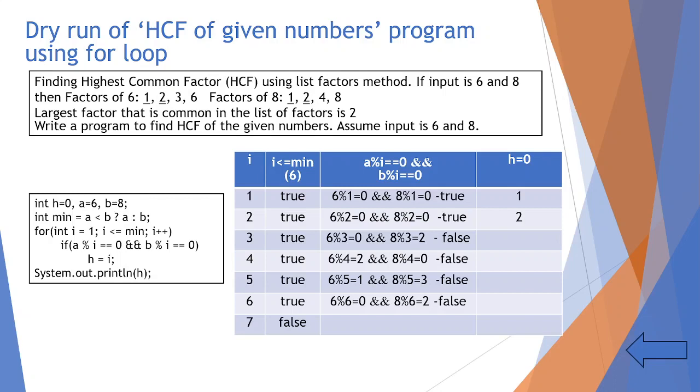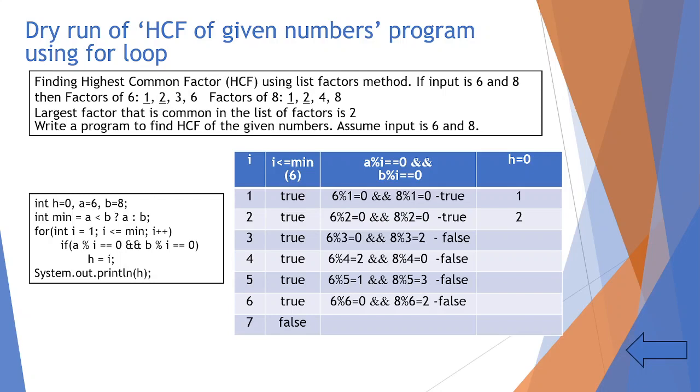Now I am running the loop from 1 to min, in this case 1 to 6, I plus plus. Inside this we have a condition. If A modulo I double equals to 0 and B modulo I double equals to 0. Both of them should be divisible by I, that is 1 first time.